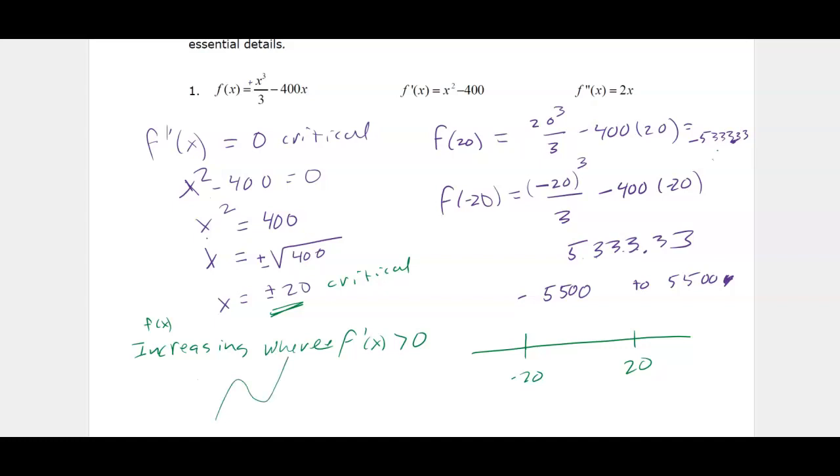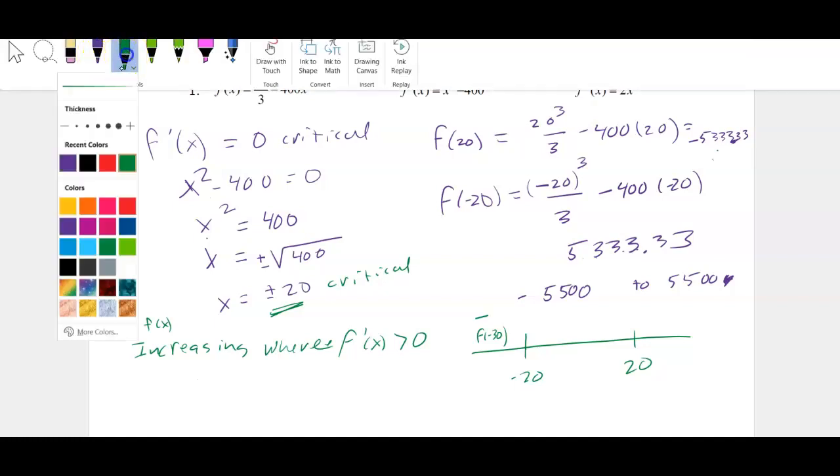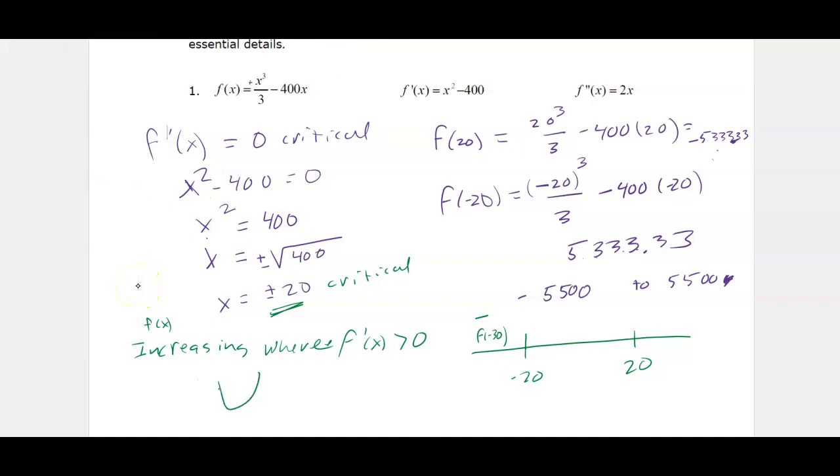If I test a value less than negative 20, like negative 30, the derivative, sorry, it's the derivative shape I need here. I said function shape. The derivative is shaped like this because it's a quadratic. So I'm going to find that f prime of negative 30 is positive.